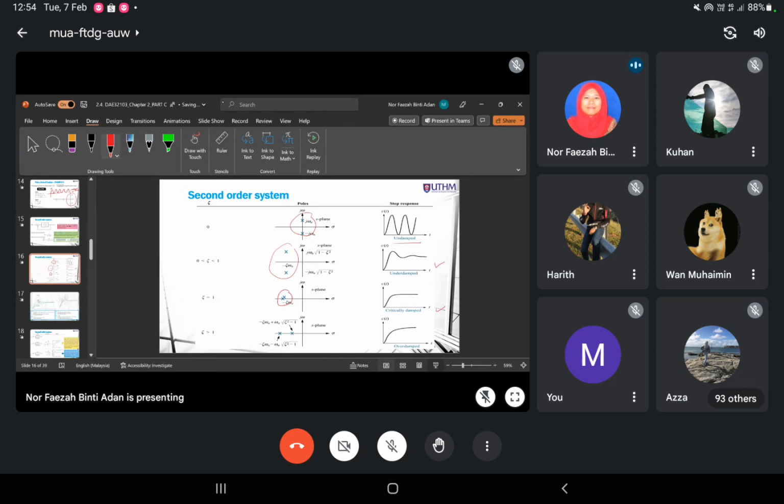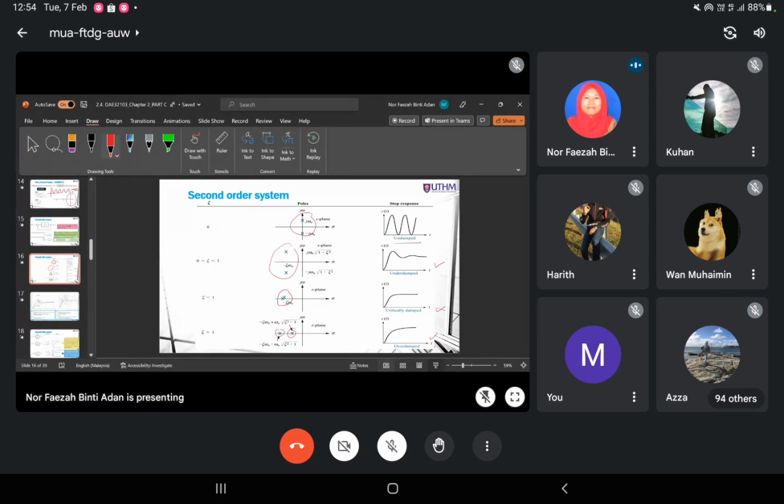And then if you have two integer values of poles on the negative hand side, you akan dapat overdamped. So ni dia on the negative side tapi dia tak ada imaginary number. Dia cuma real number sahaja. Real number and two different numbers, you akan dapat overdamped. So ni kalau you tahu ni senang lah you nak identify your system tu apa. Response dia macam mana. Undamped ke, underdamped ke, critically damped ke, overdamped.